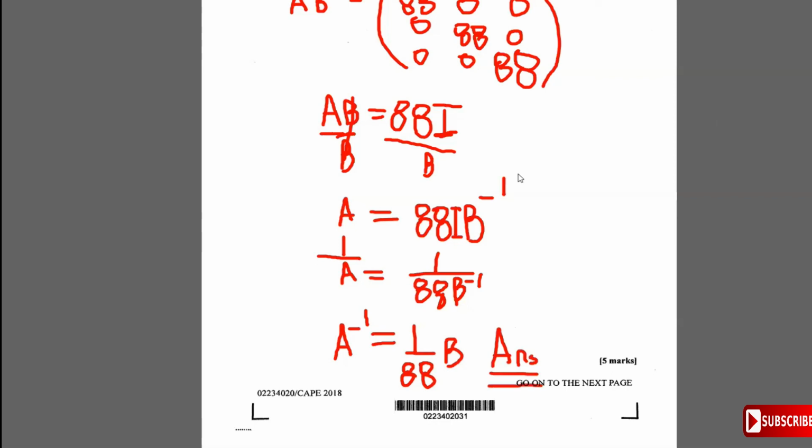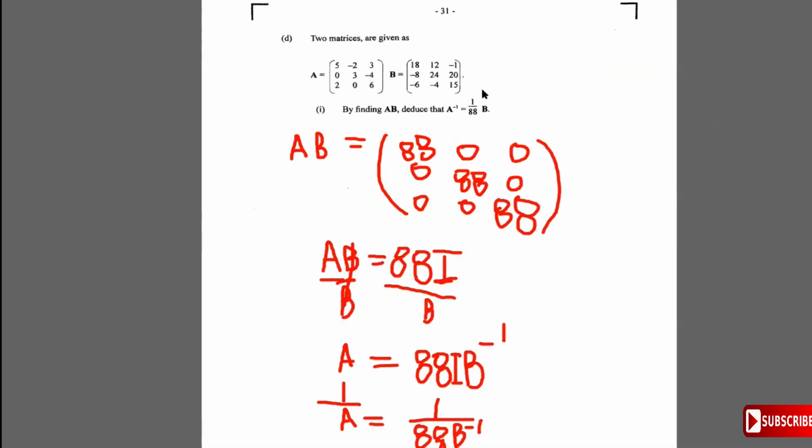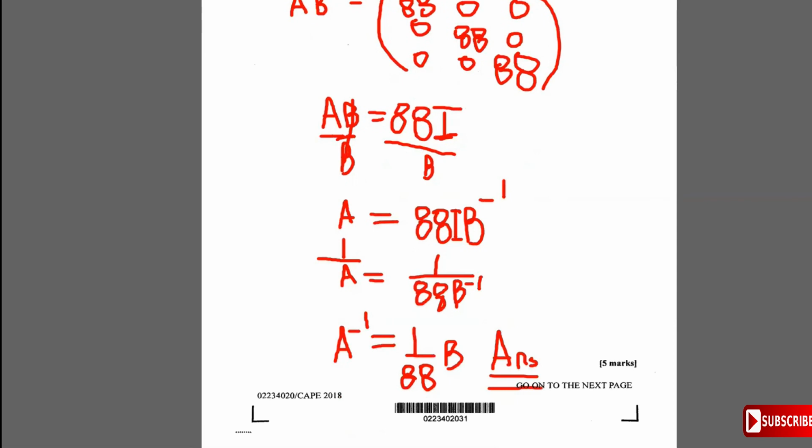You didn't have to do it like that. It said deduce, it didn't say show. I deduced that by finding A times B, A inverse is 1 over 88 times B. Now, you didn't have to do it this way.